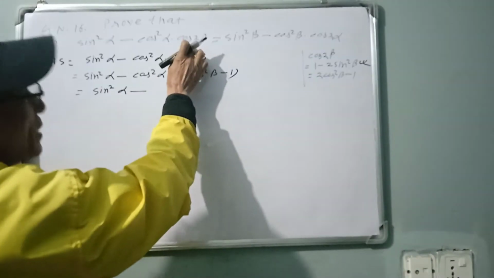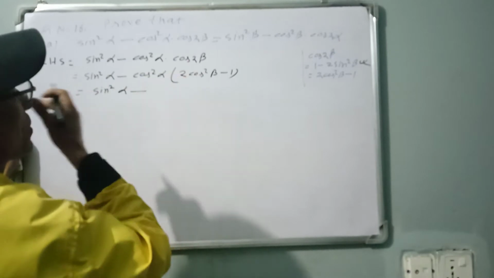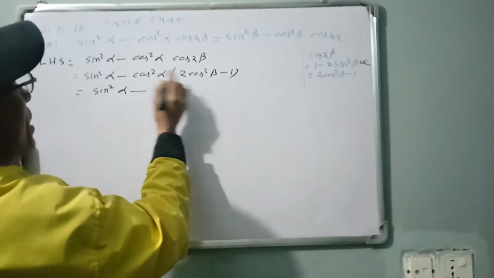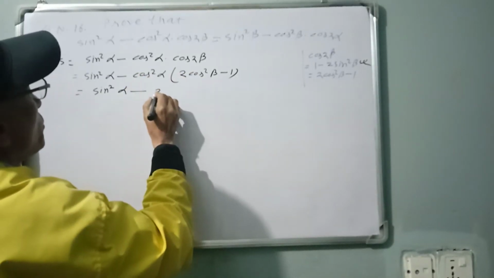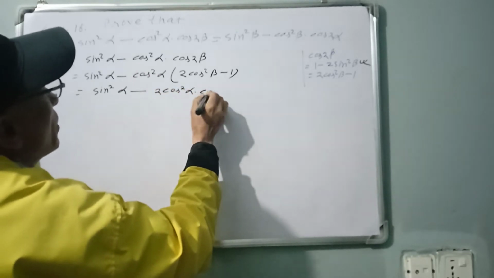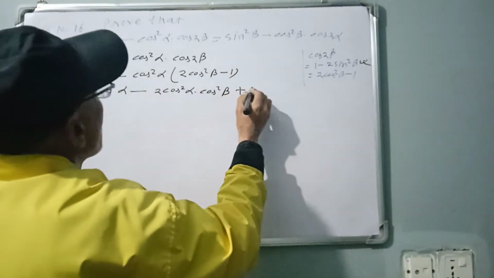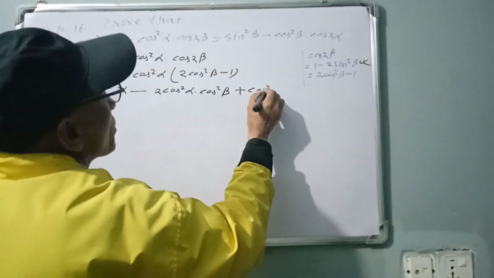Here we have cos 2 beta, and to bring cos 2 alpha here, we multiply as 2 cos square alpha into cos square beta minus minus plus cos square alpha.